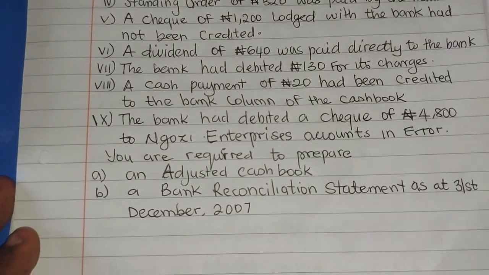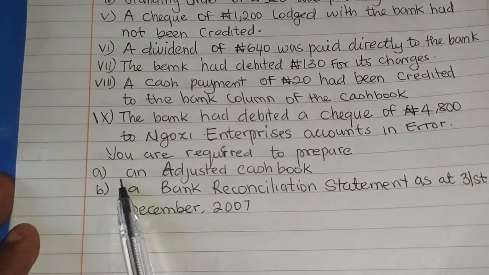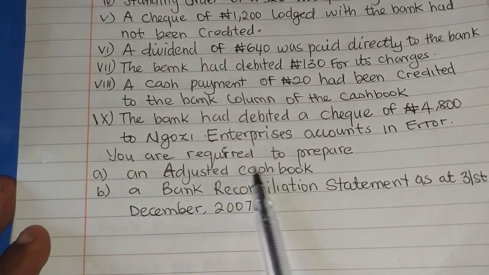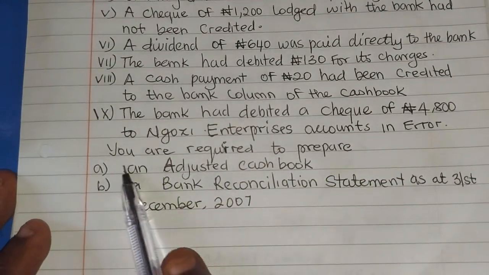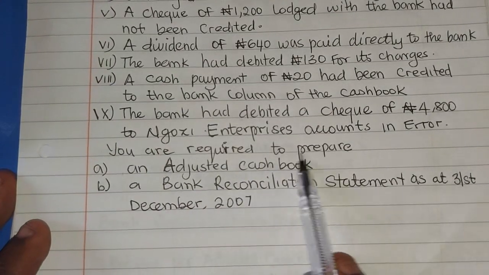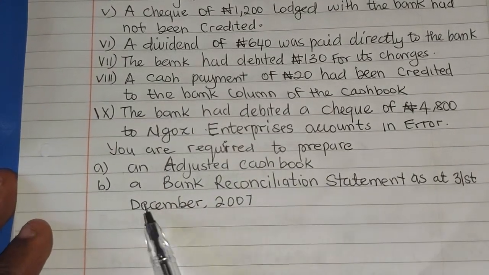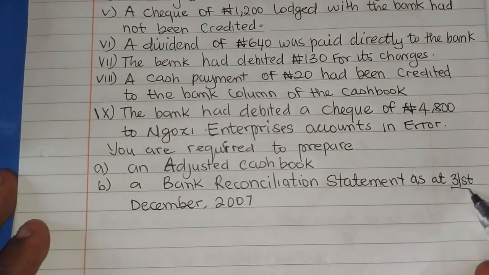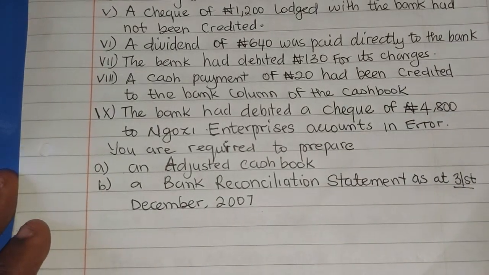Okay. Now, I'm going to start with the requirements. That's the first thing. Look at the requirement. The requirement says that you are required to prepare an adjusted cash book and bank reconciliation statement as at 31st December 2007.